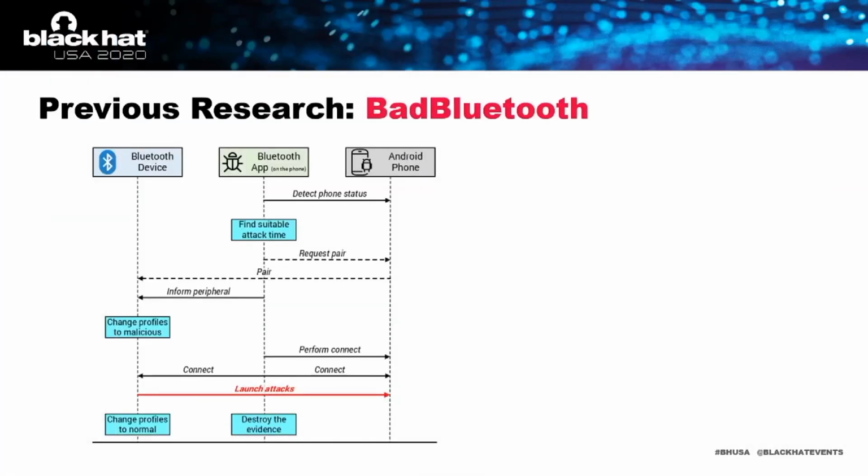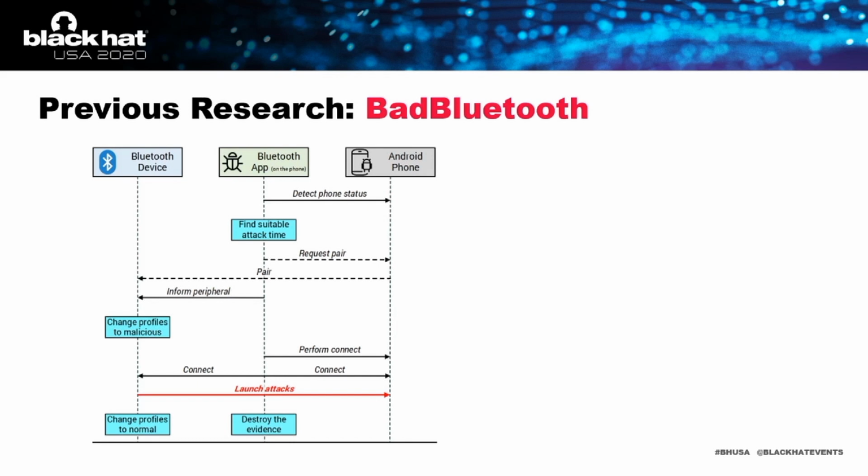Here is a previous research about Bluetooth profiles implemented by Android, BadBluetooth. It was disclosed last year. The idea is to be a malicious Bluetooth device. First, connect to the target phone with an insensitive profile. Then, when appropriate, we switch to a high authority profile to take over the target phone.